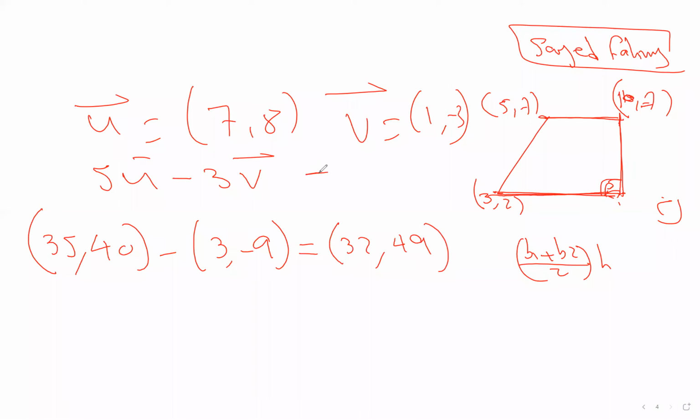And if you need to write them in fundamental unit vectors, you will write 32I plus 49J.